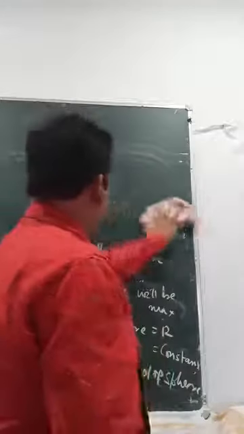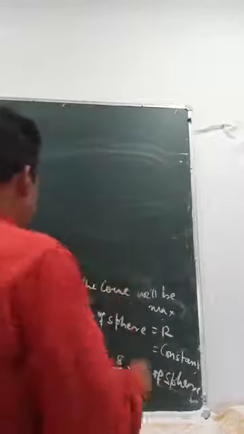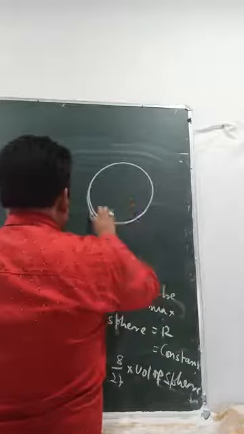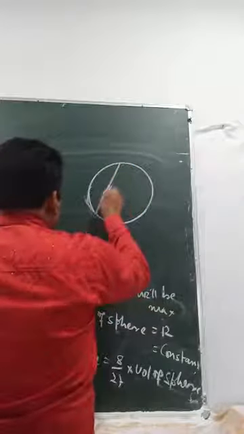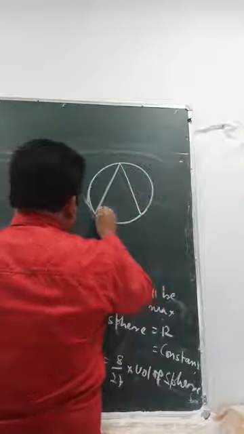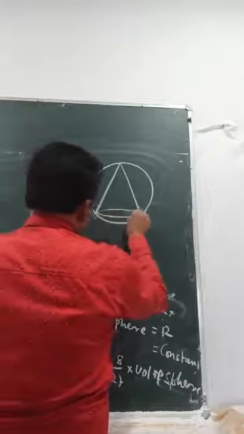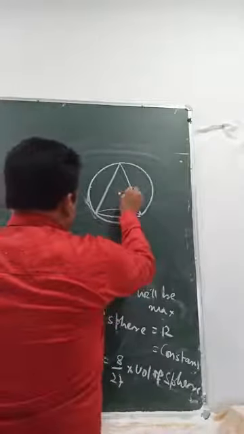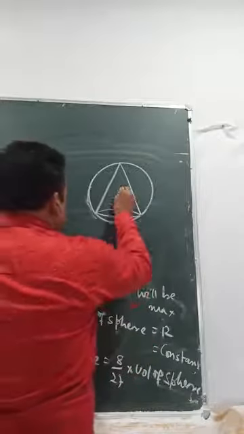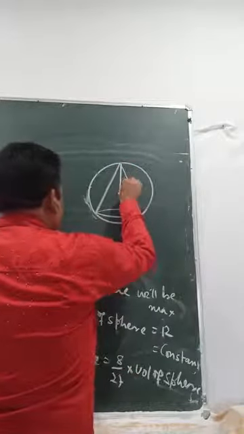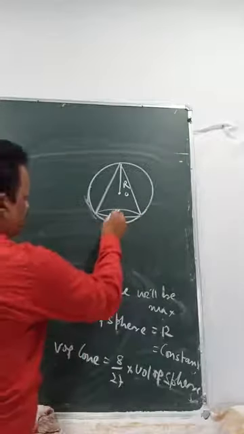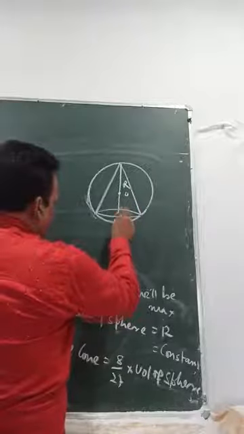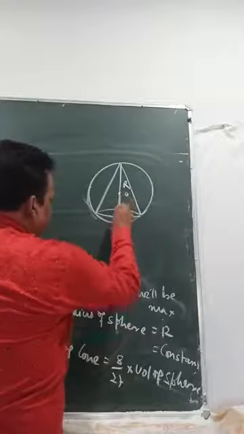Okay, let's draw the diagram of this. Sphere is given. A cone is inscribed in this. Cone is inscribed, in which if I take the center of the sphere, this is our radius r. Now, up to this point, if I join, suppose a point, this distance is something different.